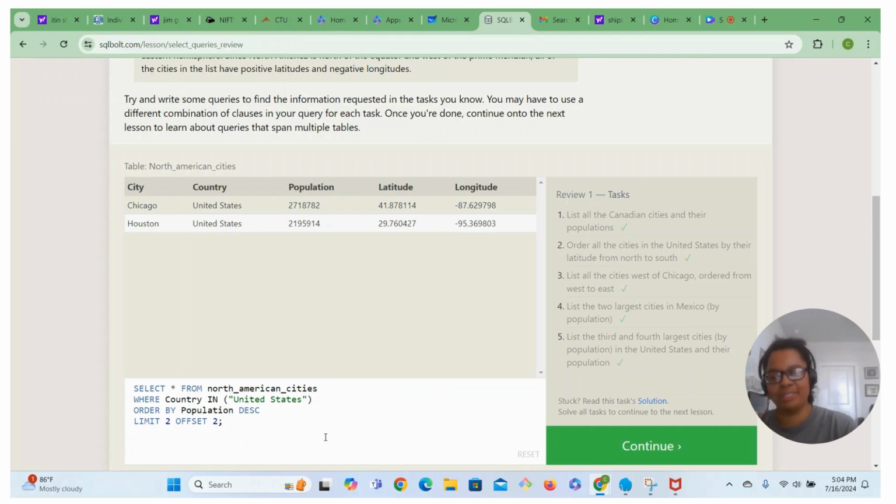Okay, United States. Which is the proper way to write it anyways. Select all from North American cities where country is United States, order by population descending, limit 2, offset 2. And that was the answer for number 5.